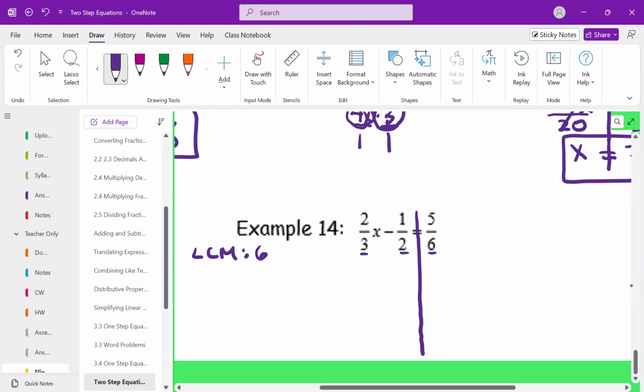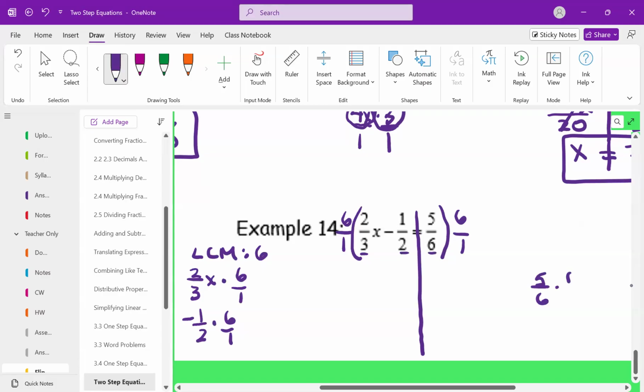Right, 6. So now that we have a common denominator, or the LCM, we're going to multiply each term in these parentheses by 6 over 1. So we have 2/3 x times 6 over 1, negative 1/2 times 6 over 1, and 5/6 times 6 over 1.